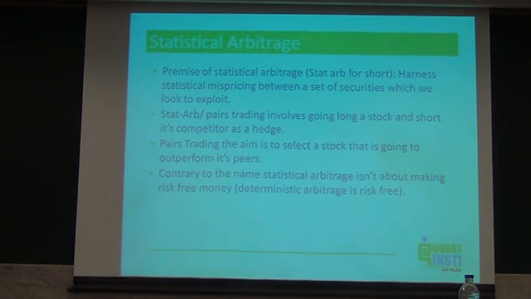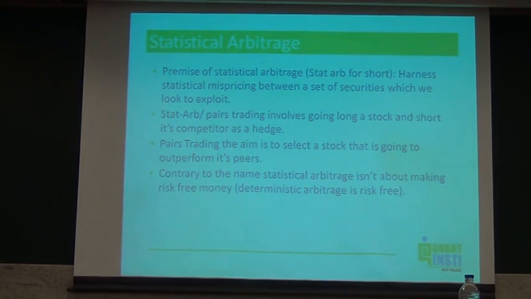So, the premise of statistical arbitrage, stat arb, as we call it in short, is to harness statistical mispricing of a set of securities which we look to exploit. Stat arb pair trading involves going long on a stock and shorting its competitor as a hedge. Suppose we decide to trade Infosys and TCS, that's what I've been talking about.